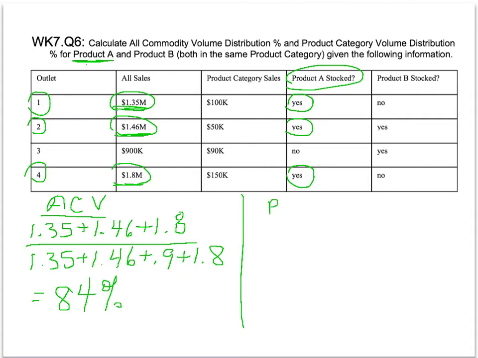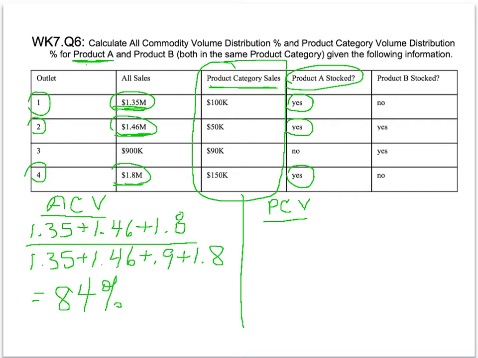On the flip side, if you have access to product category sales, that is, for outlet number 1, call it Loblaws, it sells $100,000 worth of toilet paper, for example, if that's the category you're talking about, then a PCV is usually more accurate for an adjusted trial rate.